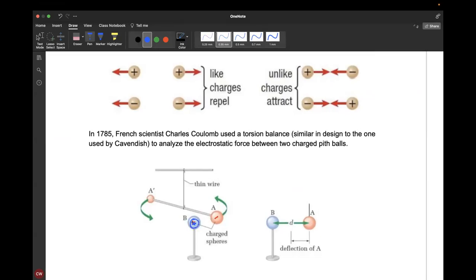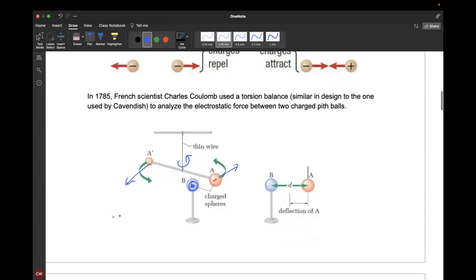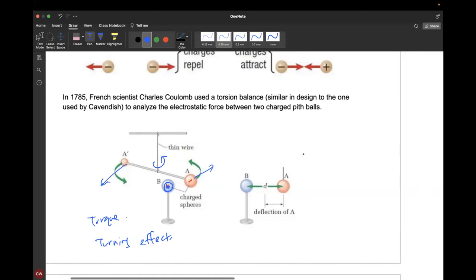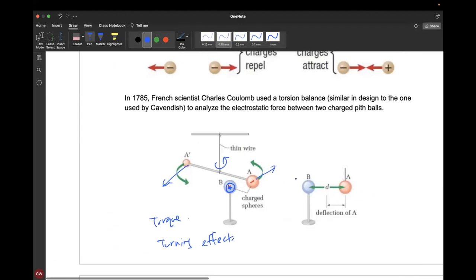If it's negative, you push this charge this way, push another charge the other way, then the thing will start to spin. So actually this is related to angular momentum. Spinning effect, sometimes called turning effect. This force will cause something to turn. Deflection.